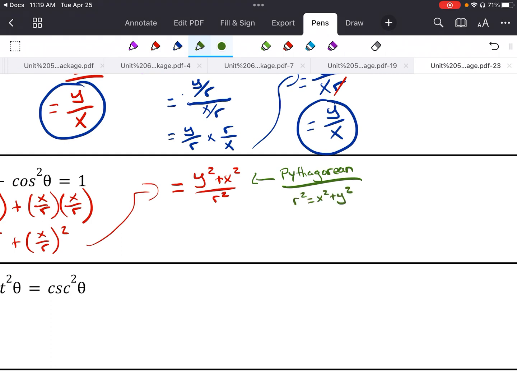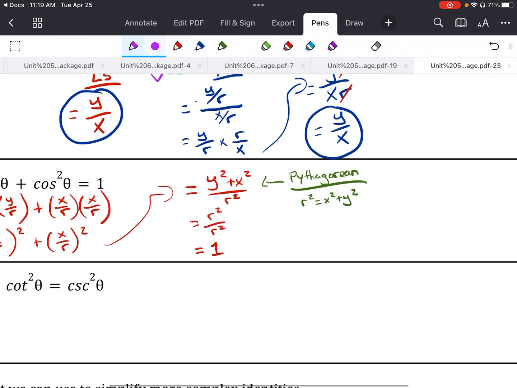So we've inferred that x squared plus y squared is the same thing as r squared. So we can write r squared over r squared, and anything divided by itself is 1. Okay, so the left side, we worked it through, it equals 1. The right side was already 1, so this works. And what we're doing right now is just creating rules that we can use in trig identities. So this is left side equals right side.